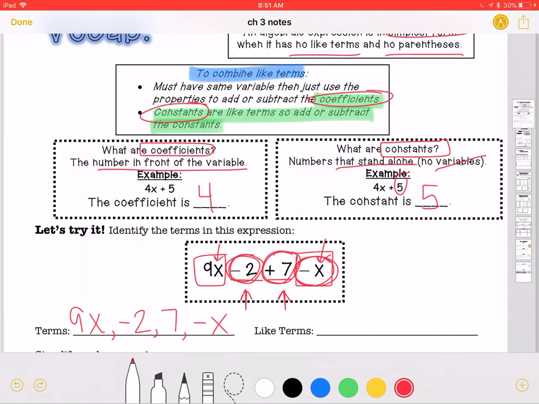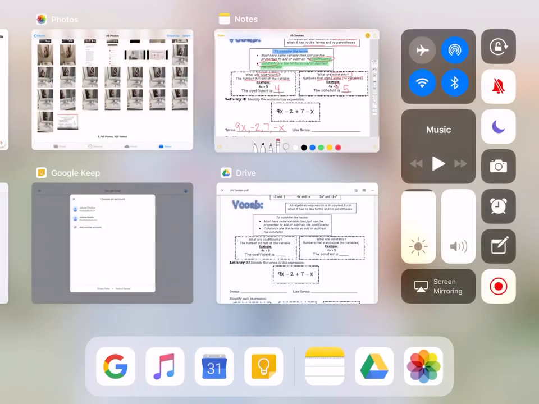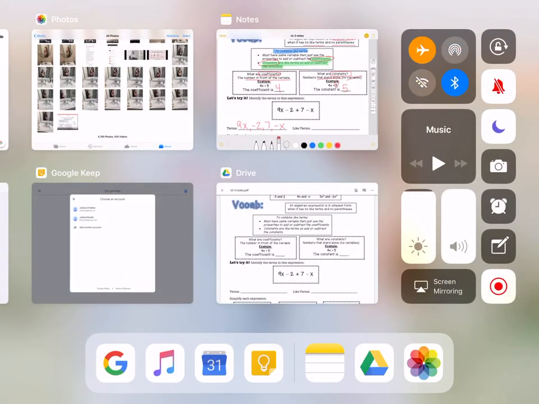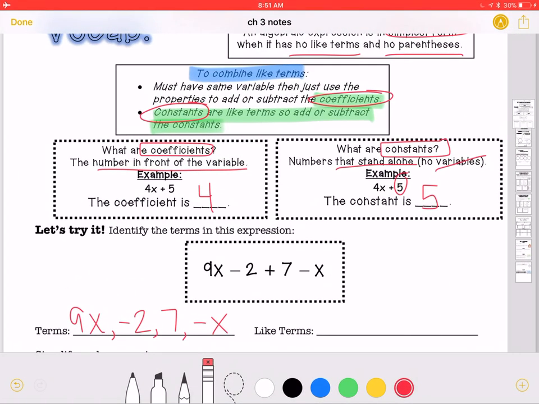Out of those terms, which terms are alike? So remember, like terms are terms that have the same variable raised to the same power, or any numbers that stand alone are like terms. Let's look. So looking at your list of terms, we have 4 terms, right? 1, 2, 3, 4. Let's pair them up. Which ones are alike?